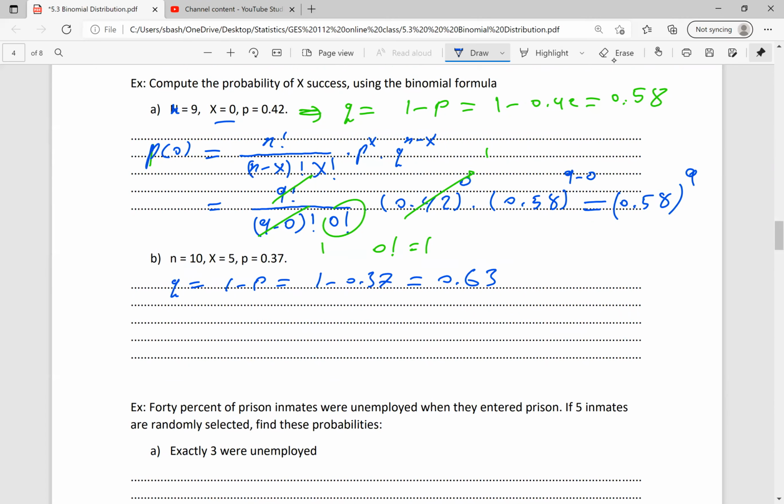So P of 5 will be 10 factorial, n factorial, divided by 10 minus 5 factorial multiplied by x factorial, which is 5 factorial, multiplied by p to the power x, 0.37 to the power 5, multiplied by q, which is 0.63 to the power 10 minus 5.